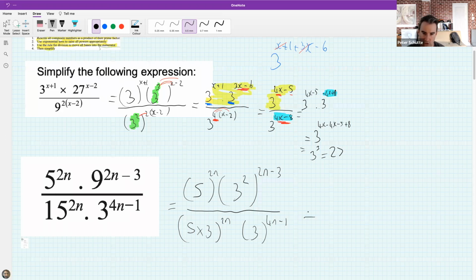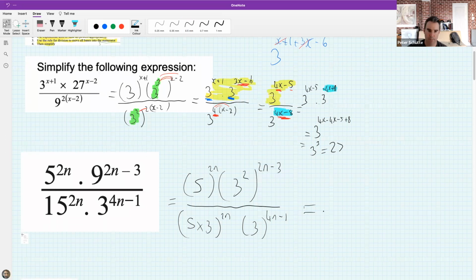So once you've, my first step in the next question was this. Basically, I broke that one down. I also broke this one down. So Kamogelo, I like where you're going. We like to leave our answers with positive exponents if possible.